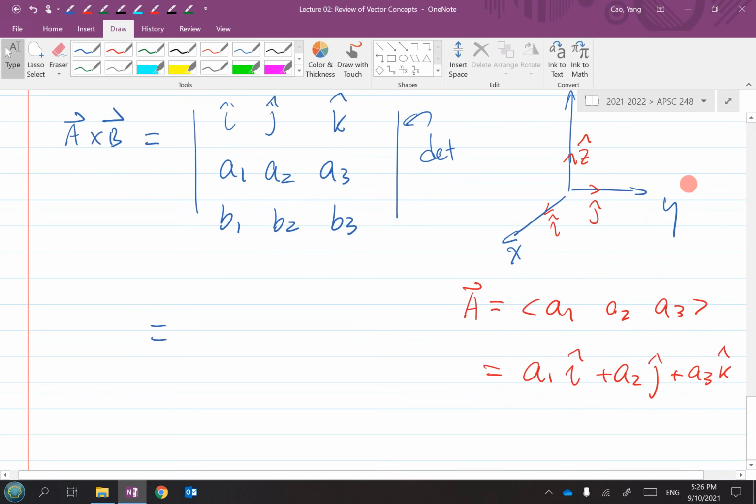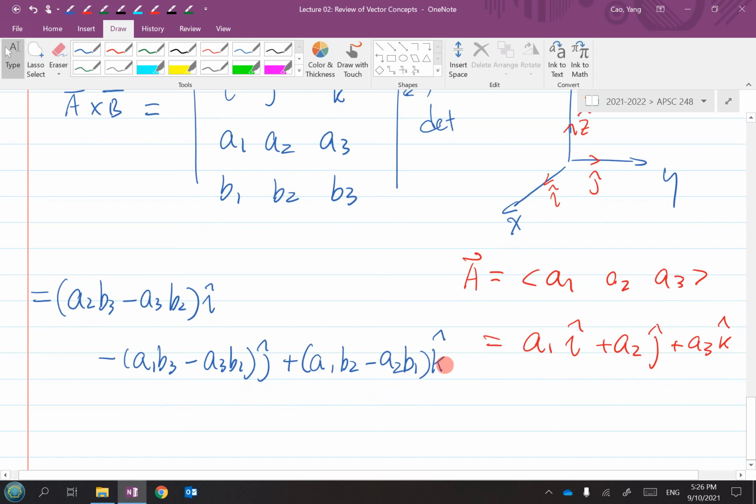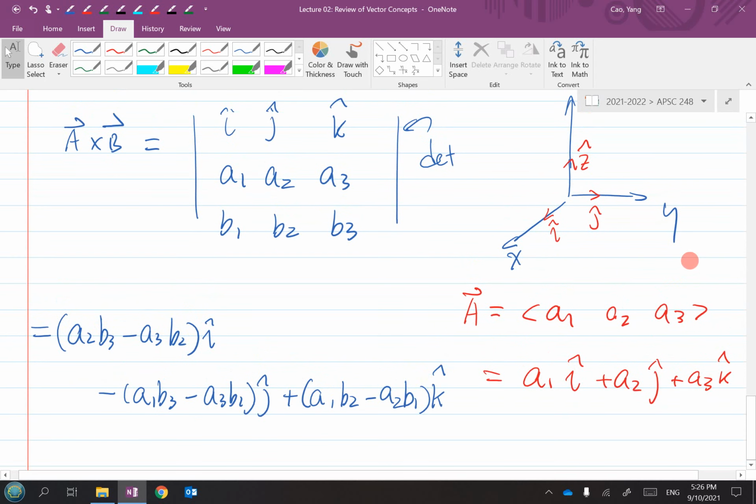The result of the determinant is, let me write it a little further here: A2 B3 minus A3 B2 i hat, and then minus A1 B3 minus A3 B1 j hat, plus A1 B2 minus A2 B1 k hat. So this is the result of the determinant of this 3×3 matrix.